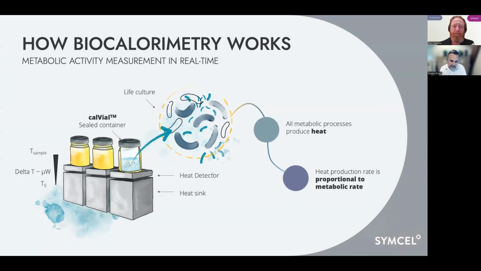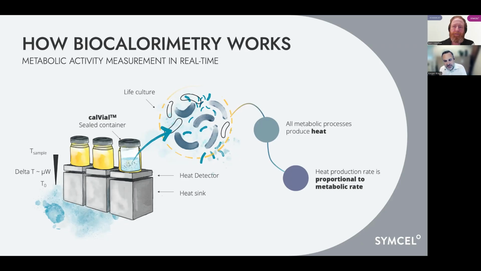I think a lot of you probably already know what microcalorimetry is, but just to recap, if you don't know, microcalorimetry is the measurement of heat being produced through metabolic processes by living organisms.